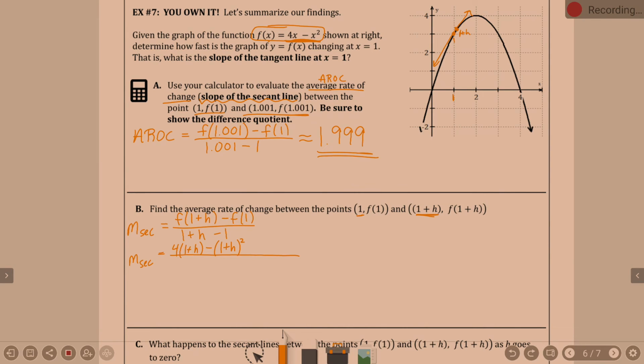So 4 times x minus x squared. Okay, now minus, I still have to do f of 1, don't I? Every place I see an x, I'm replacing it with 1.